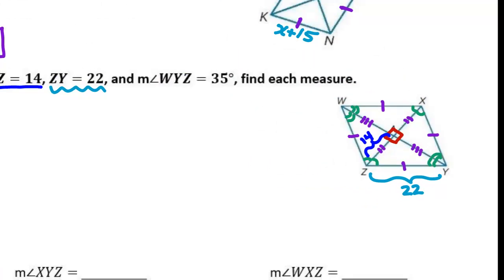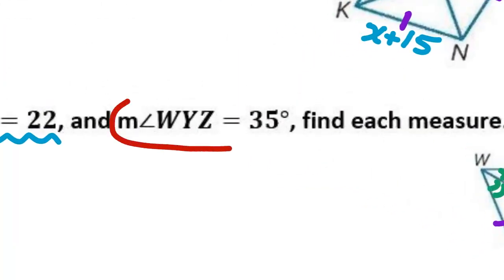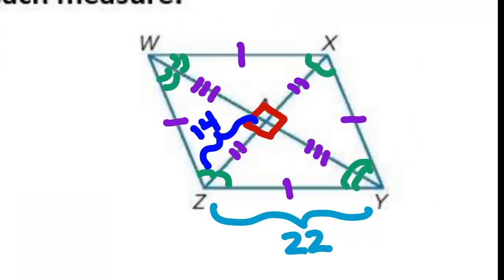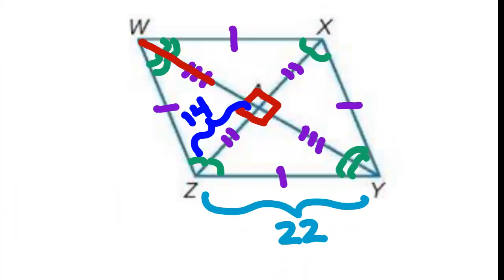And then the last thing that it tells me is that the measurement of angle WYZ is 35 degrees. WYZ, this angle right here. Sorry, I did WYX. WYZ goes the other way. WYZ, here we go. That is 35 degrees.